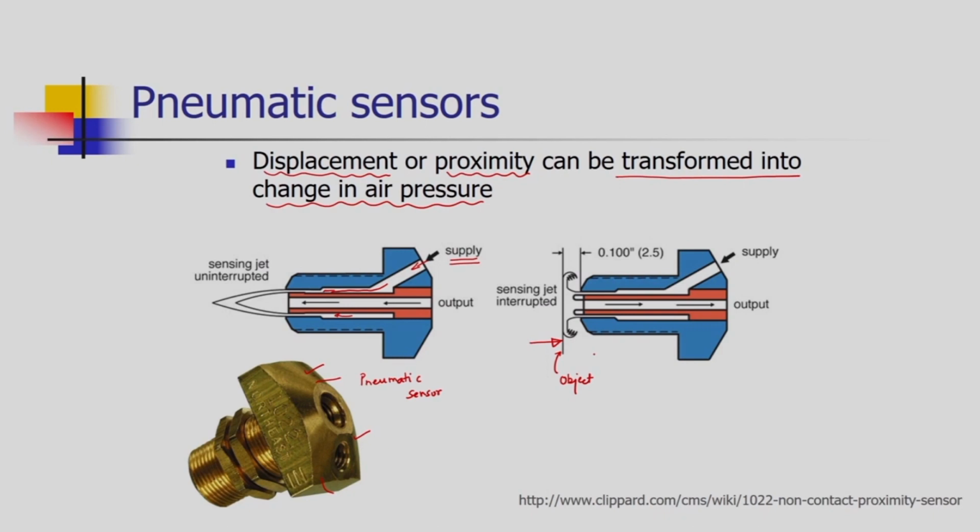So when there is a restriction for the flow, or when there is an obstruction for the flow, there is a change in pressure. The pressure inside the central port will increase. So this increase in pressure triggers a signal.